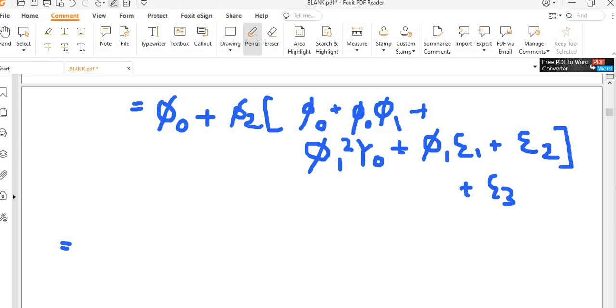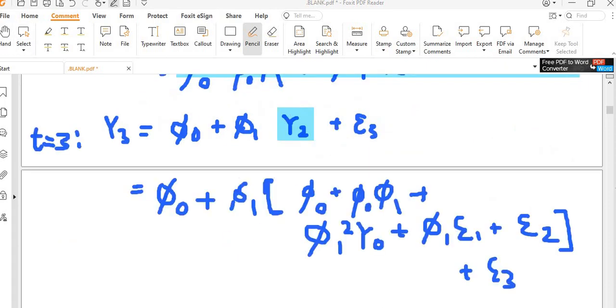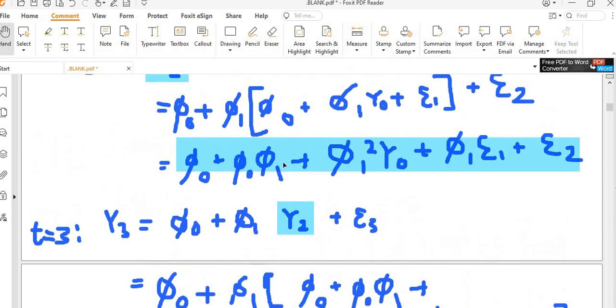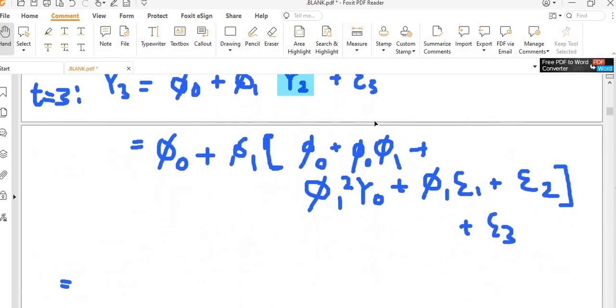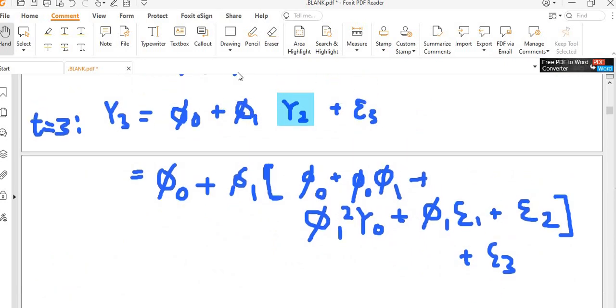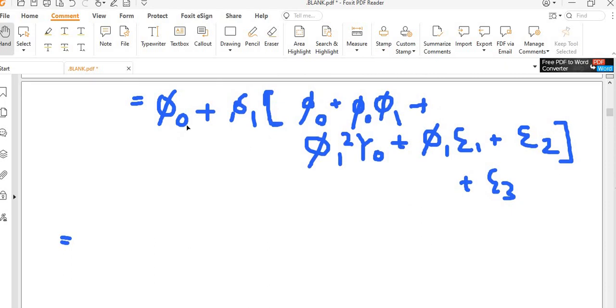Since this phi 1 component is time independent, it's a constant, it remains the same throughout. So you see, if I multiply this, it's phi naught into phi 1, and then it's phi naught into phi 1 square, right?